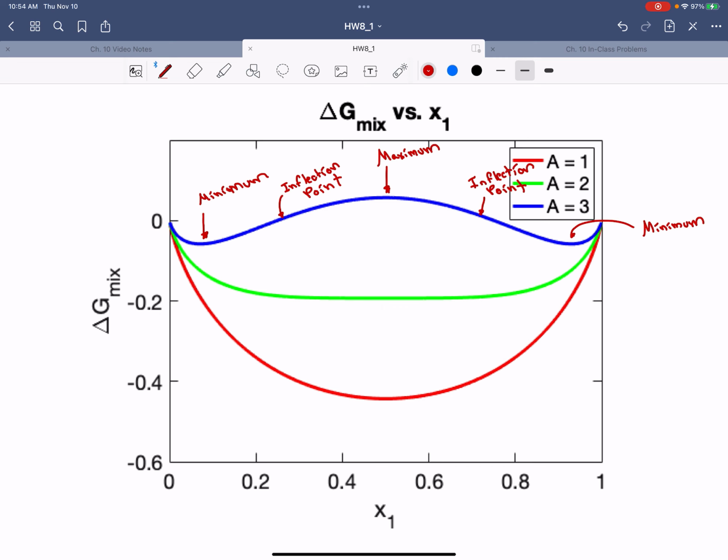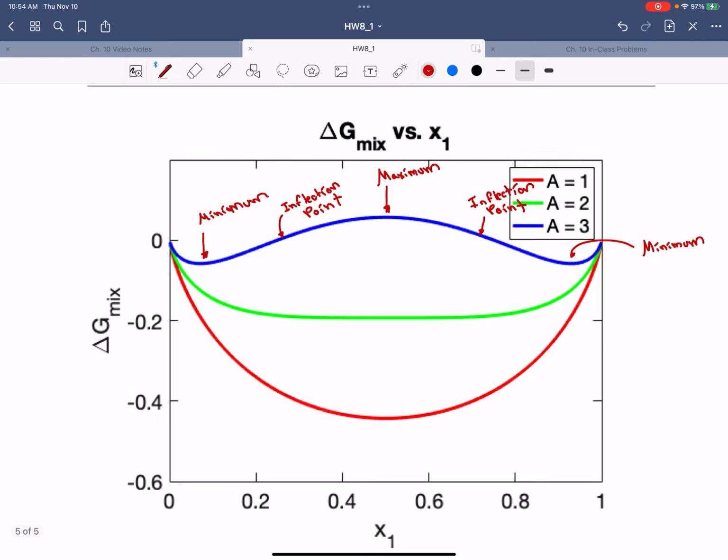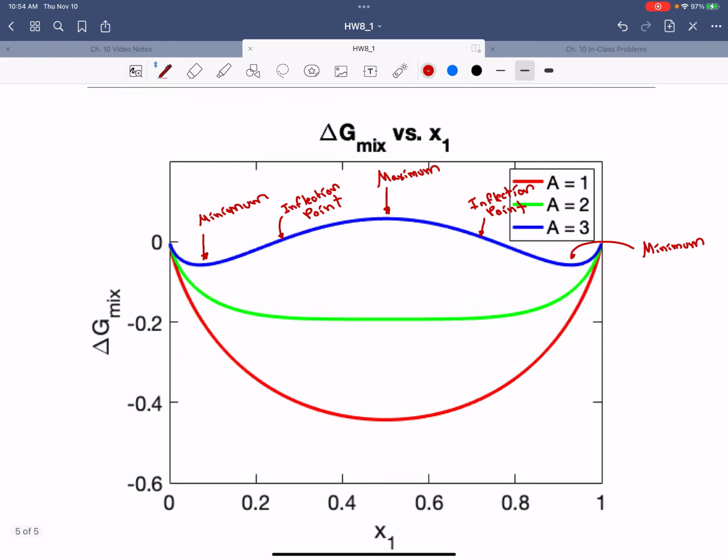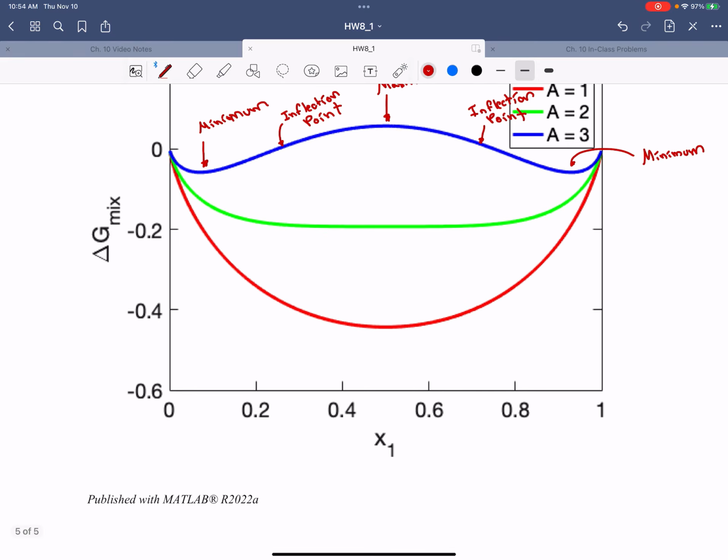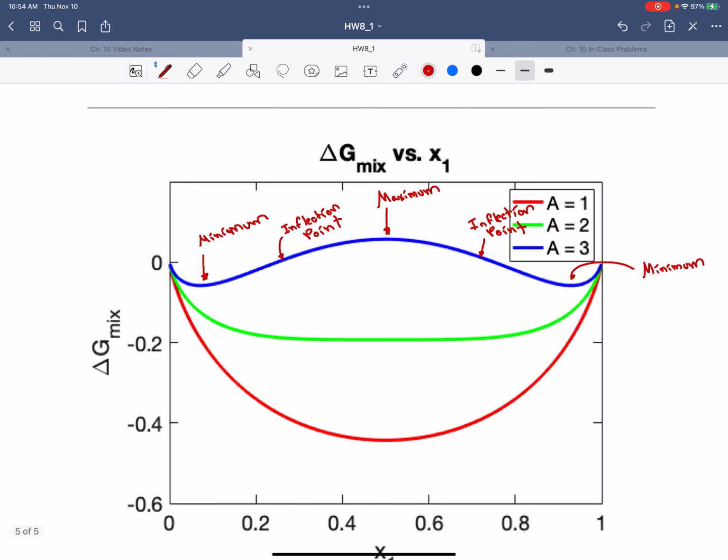All right, and so when we see a curve like this, where we start to see minima and maxima and inflection points appear in the curve, what you'll see is that this is actually an indication that we have what's known as a phase separation in our system. So, curve shape indicates phase separation.